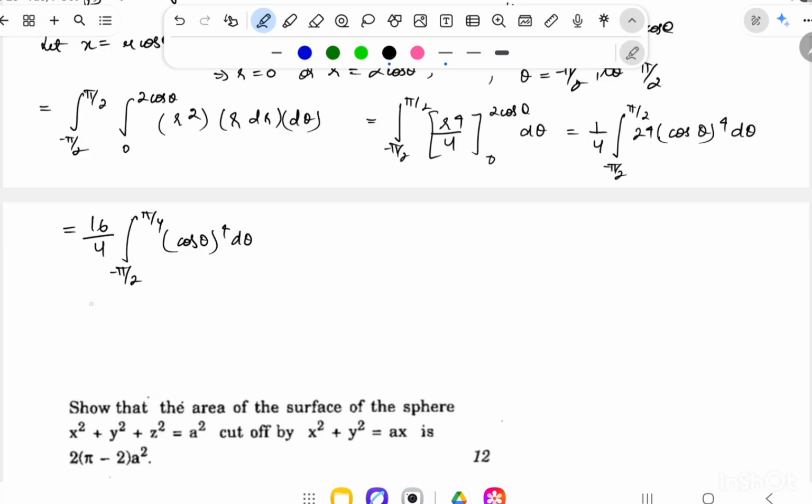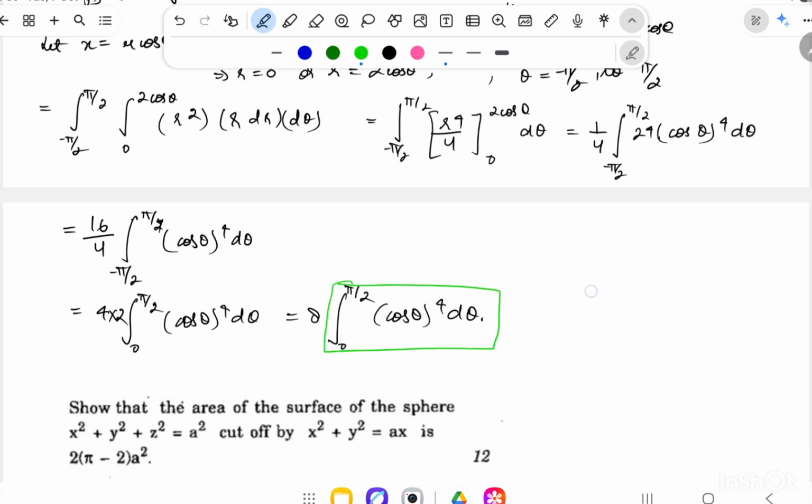which is equal to 16 by 4, which is 4, and if you observe, inside we have an even function, so it is the same as 2 times 0 to pi by 2 cos theta raised to 4 d theta, which is equal to 8 times the integration from 0 to pi by 2 cos theta raised to 4 d theta. And we have earlier also evaluated this integration, so let's just use that value.